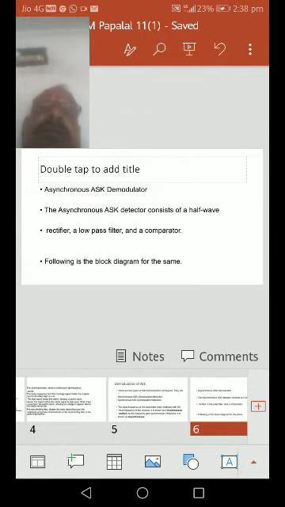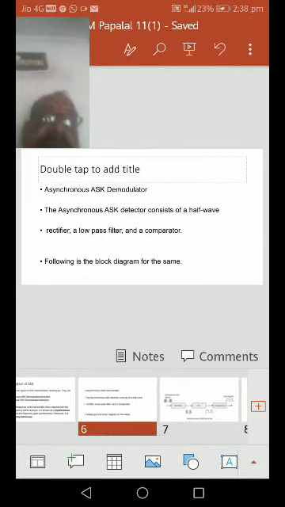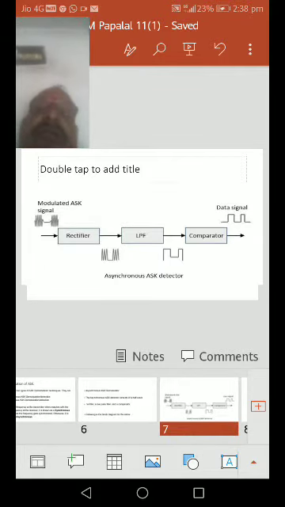The asynchronous ASK demodulator, the asynchronous detector, consists of a rectifier, low pass filter and comparator. The circuit is shown in the figure here. First, the modulated ASK signal, on and off, is given to the rectifier. The rectifier is a diode. When a 1 bit is present, the carrier gives positive pulses, and for 0 the diode will be off.